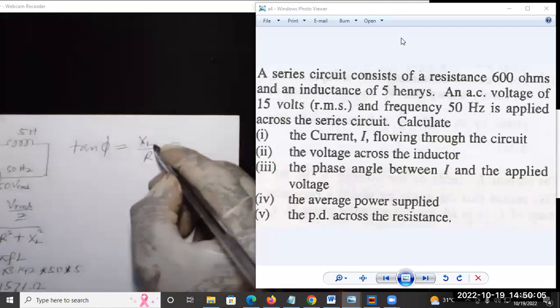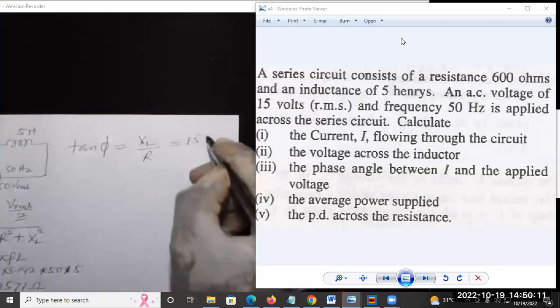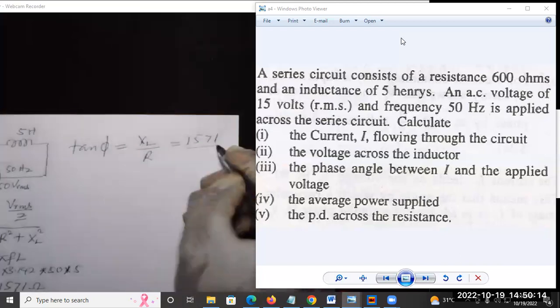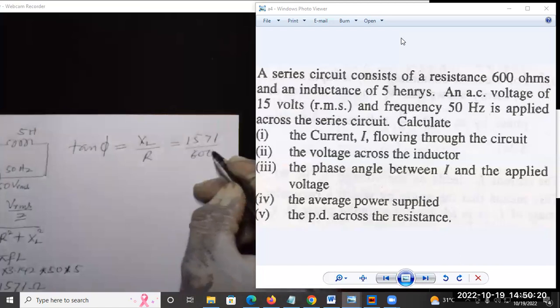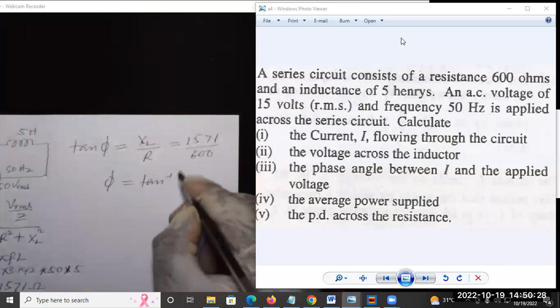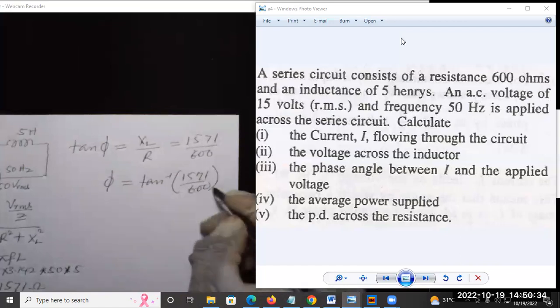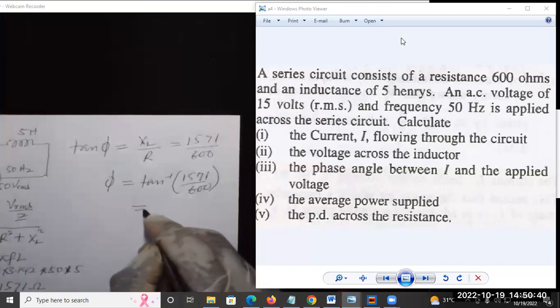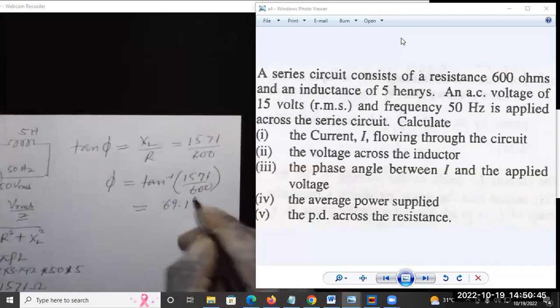The inductive reactance from our calculation is 1571 and the resistance is 600. We can make phi the subject of formula. That would be the tan inverse of 1571 all over 600. That will give us the phase angle, approximately 69.1 degrees.